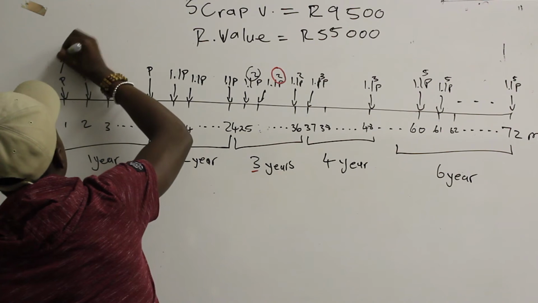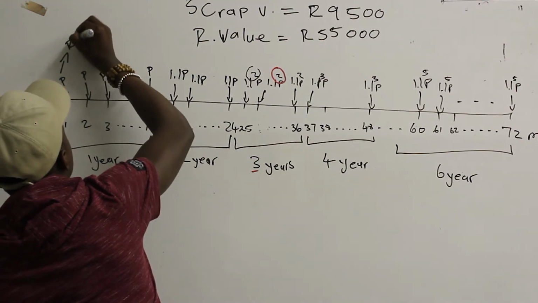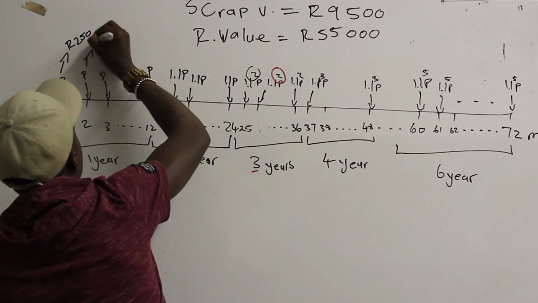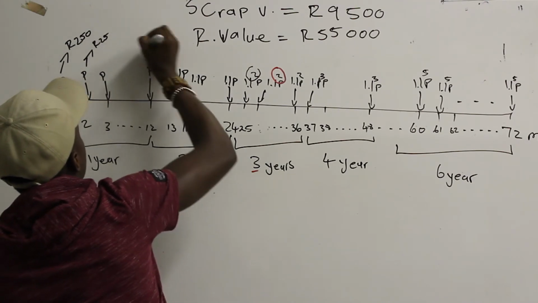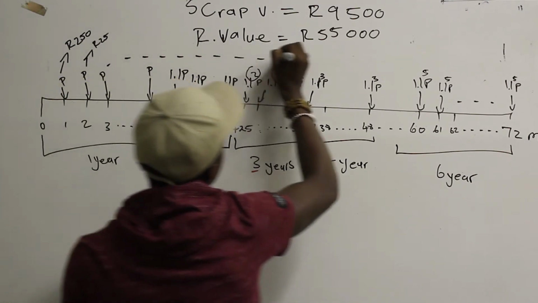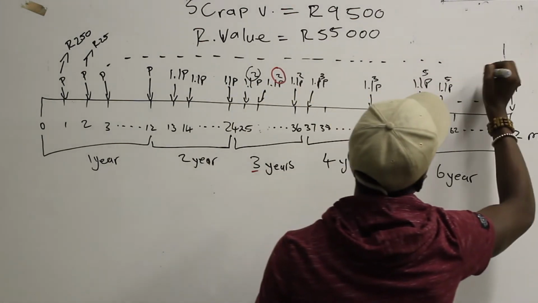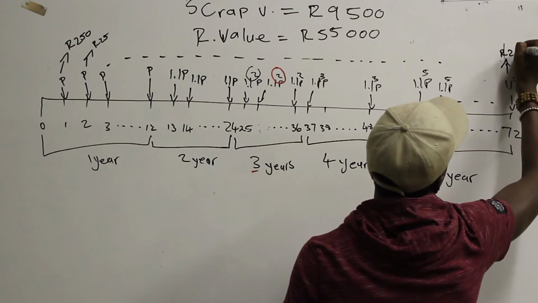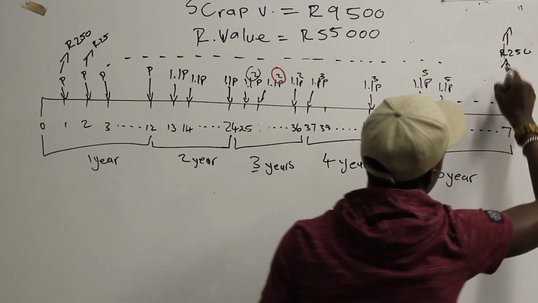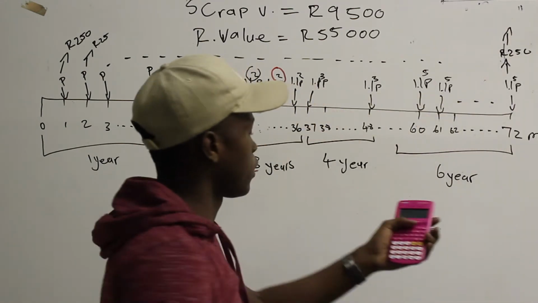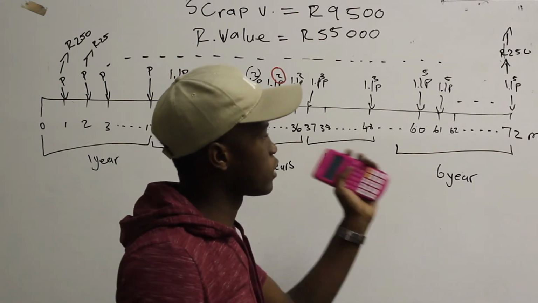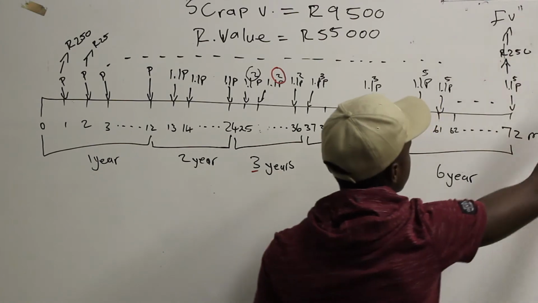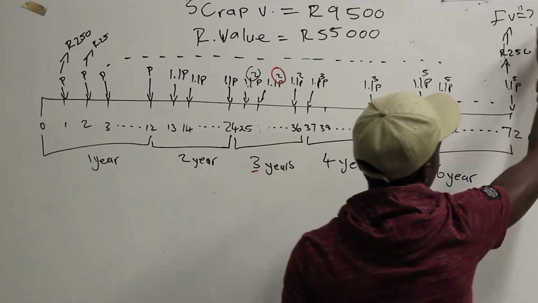So we're going to have 250 going out for the rest of the 72 months. And we have the future value here that we don't know of now.